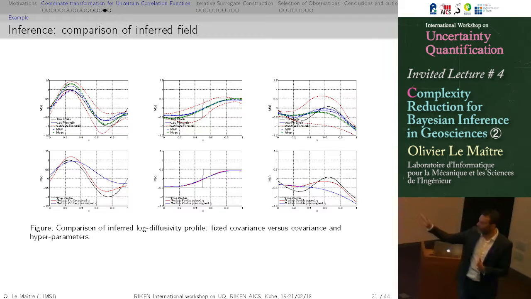And what's interesting is to have a look at the case of the discontinuous field, and you see that it's not doing a good job because, of course, this is not in the a priori range. I mean, the a priori does not encompass processes that are discontinuous, because we have a smooth kernel. So it's not doing a good job, as we may have expected.